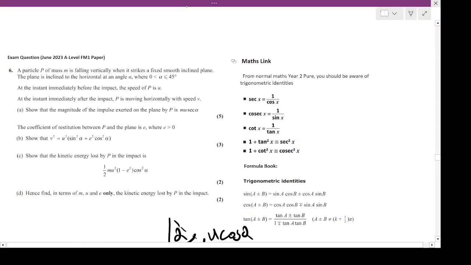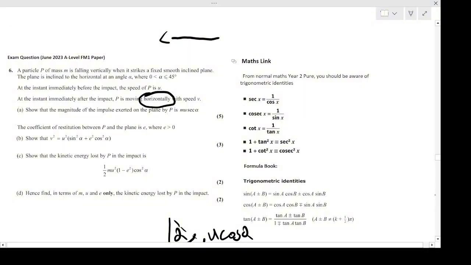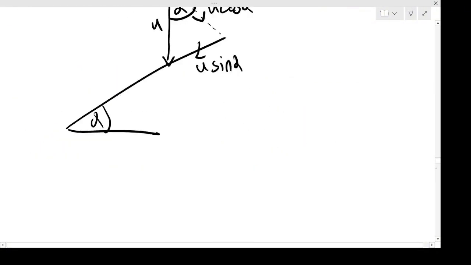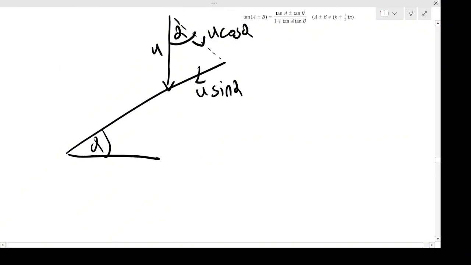We're told afterwards it moves horizontally, which means it moves completely left and right. So it's going to move flat like that. It's not going to be at an angle essentially. So it's going to just go straight across like that.